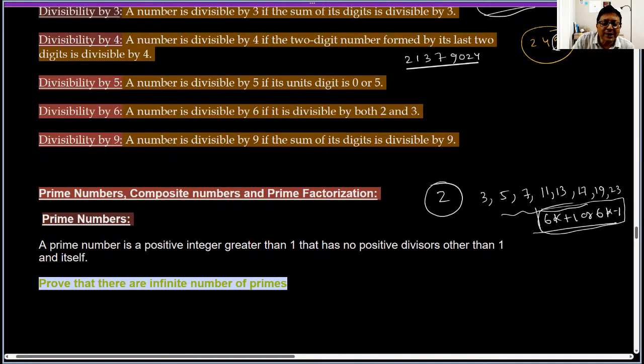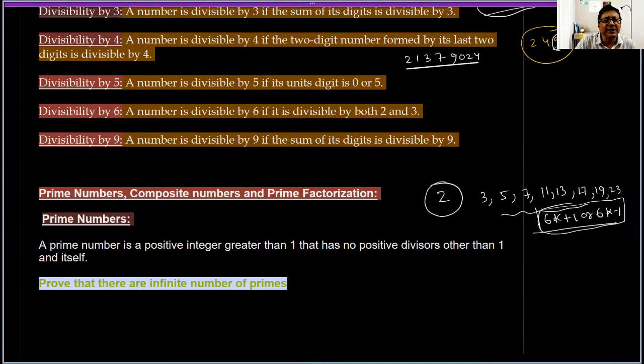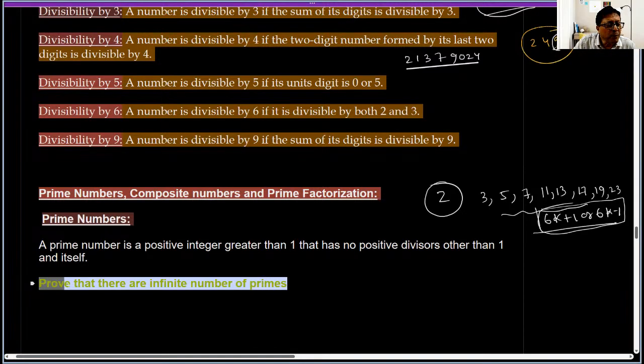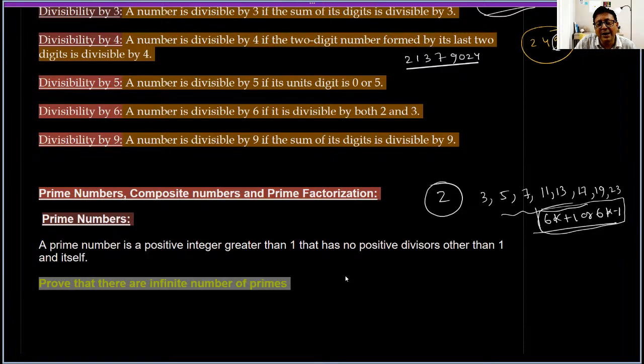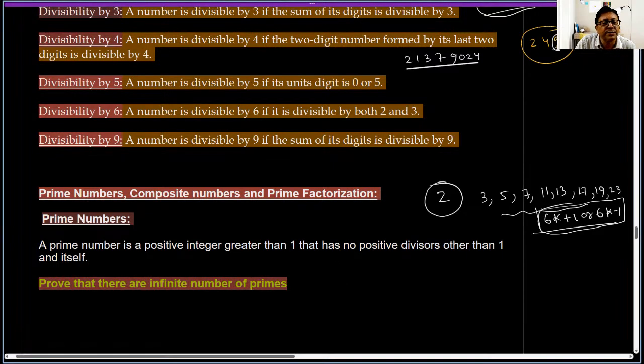Now, we are going to prove one very important theorem. Yes, it is a theorem. Prove that there are infinite number of primes. In number system, so many numbers are there.